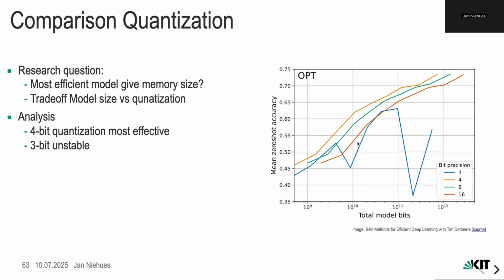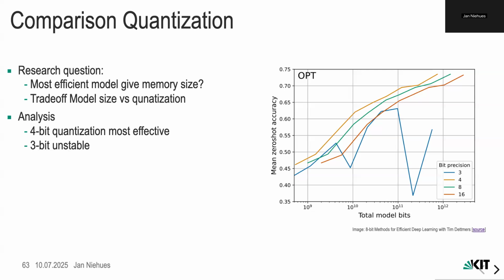If you go to 3-bit, things get a bit unstable, and 8 and 16-bit are often also not as good. So if you find a model small enough to fit into your memory with 4-bit, then this is typically a very successful way of doing it.